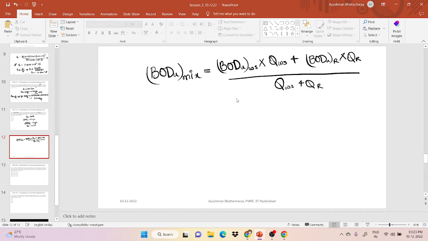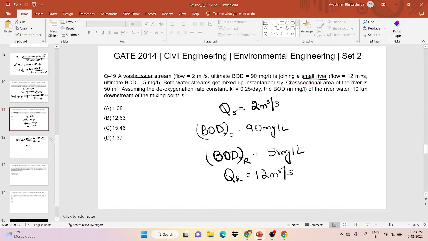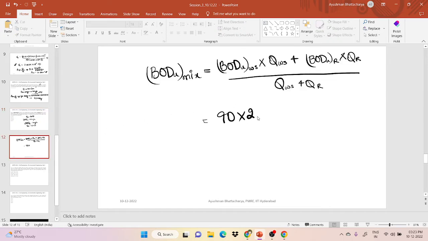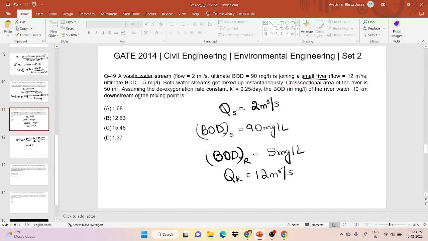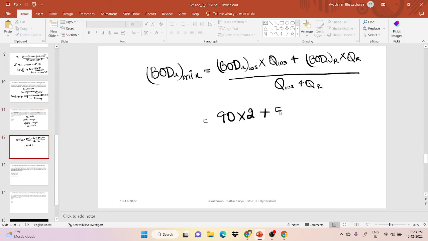Okay. So now BOD ultimate of the wastewater is 90. Flow rate of the stream is 2 plus BOD ultimate of the river is 5 and flow rate is 12. So basically 5 into 12 divided by 2 plus 12.